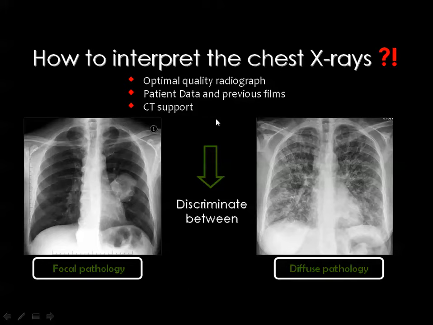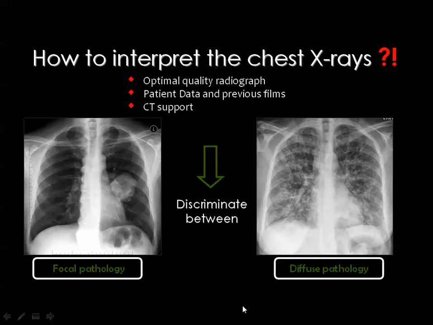Number two, being a physician, you should have the clinical data of the patient: the complaint, the symptoms, the laboratory findings. If you have the chance to have the previous films, this will be a good opportunity for comparison.